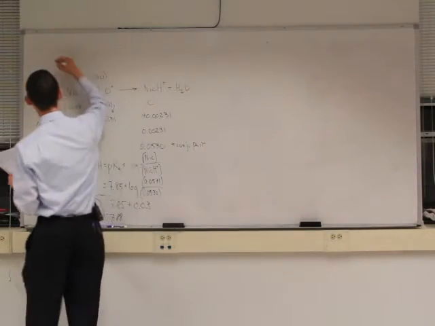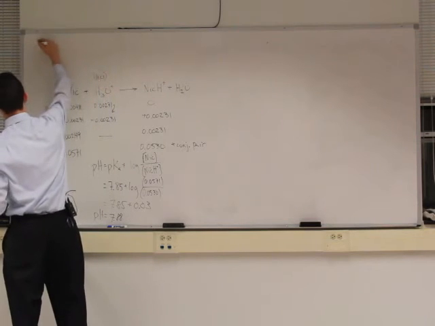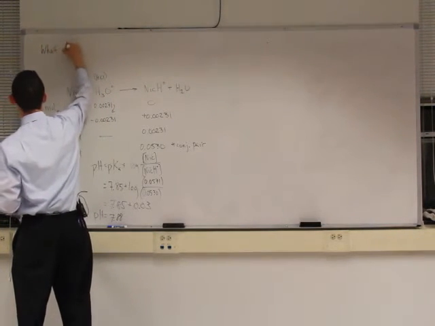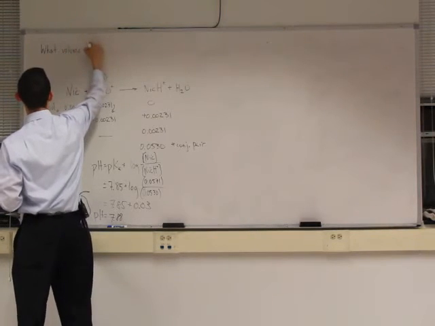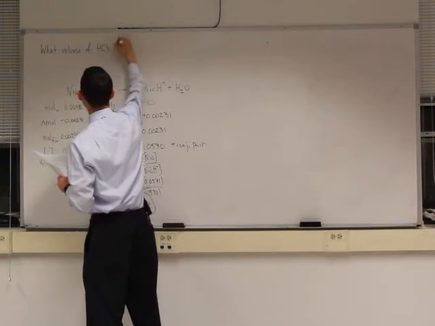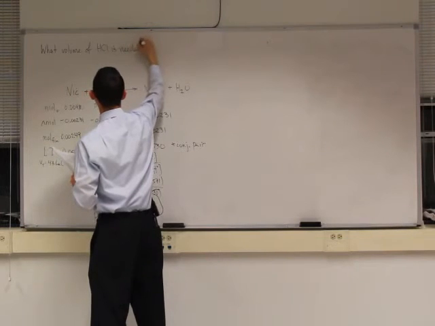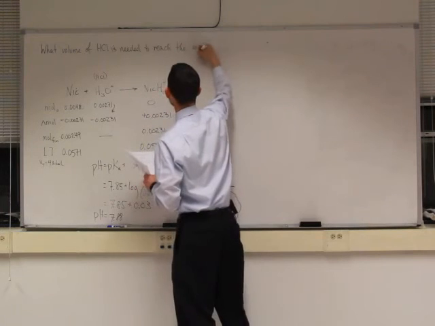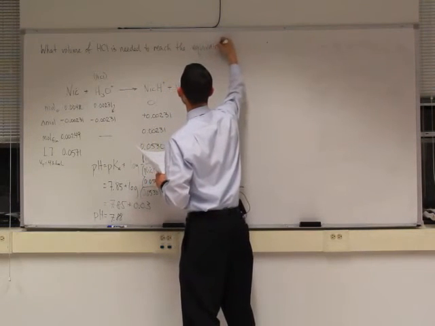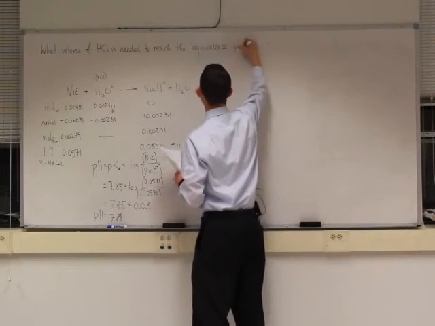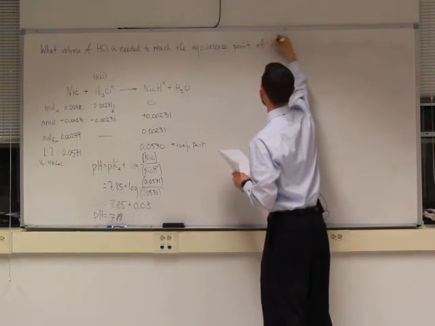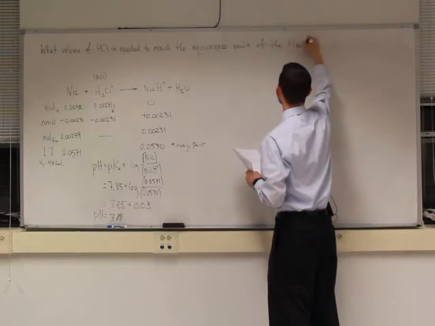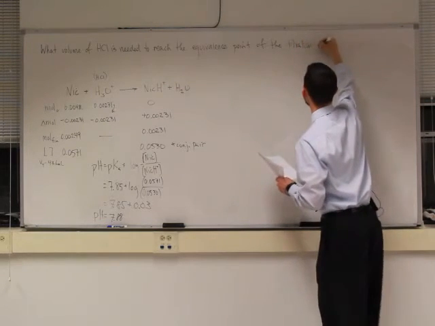So my question here is sort of twofold, because even if it was only asked in one part, you'd need to do two things. So first, what volume of HCl is needed to reach the equivalence point of the titration in the previous example?